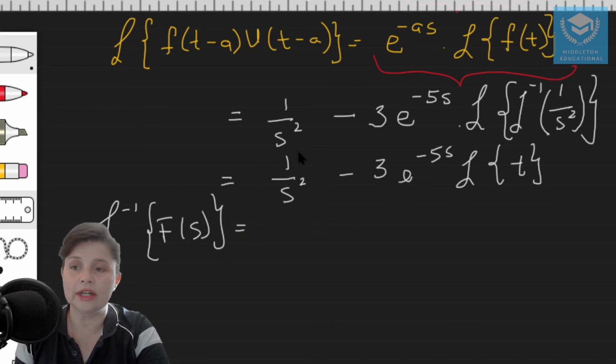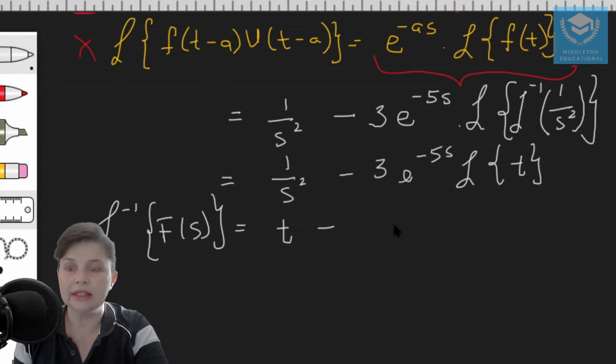The inverse of 1 over s squared is going to be t. Then for this, we can use our second shifting theorem now to find the inverse. So if we look at the second shifting theorem over here, we're going to be moving from our right-hand side to our left-hand side.